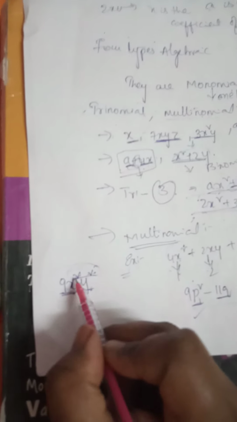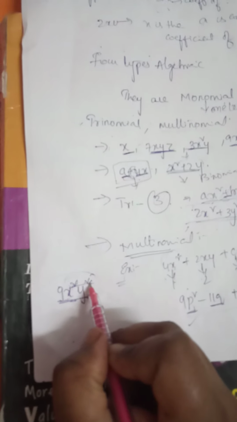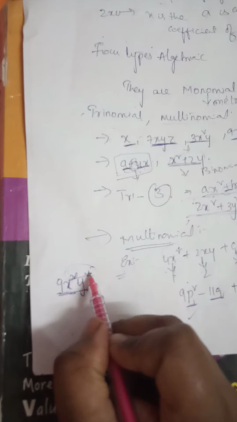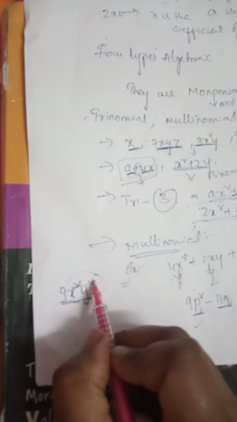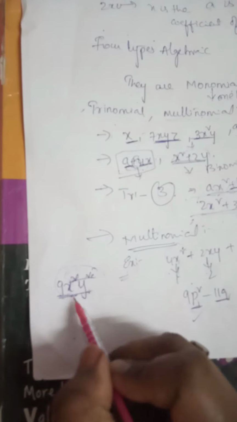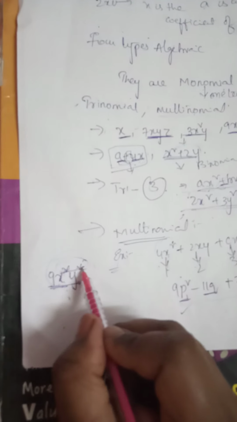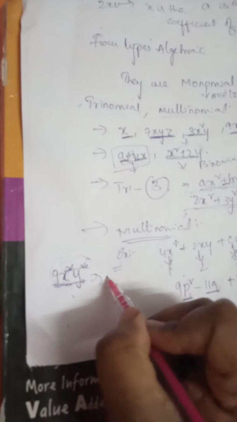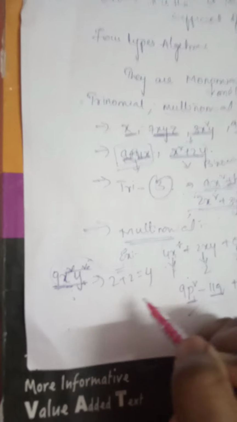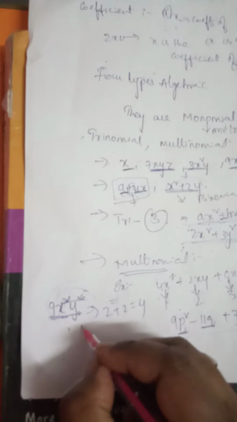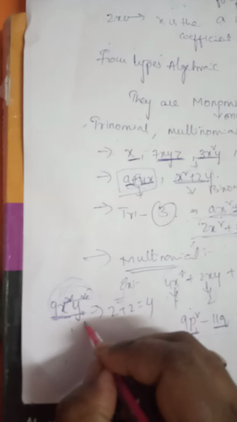So what are the powers they have given for the variables? 2 are the exponents. So these 2's are going to be added. Is this a monomial expression or not? This is one term, so it is a monomial. Here in the variables the exponents given are 2 and 2, we are going to add them. 2 plus 2 equals 4. This is the degree of expression in a monomial.